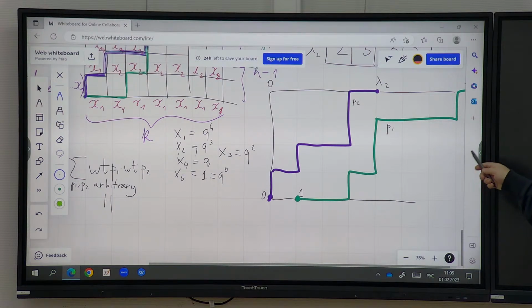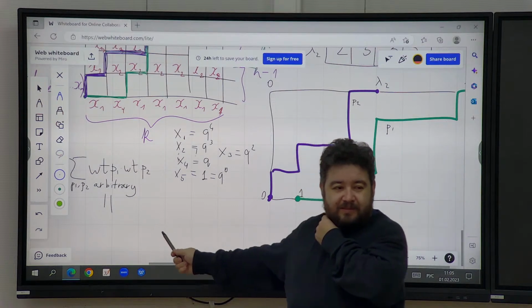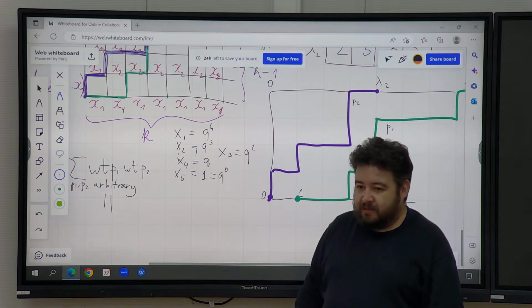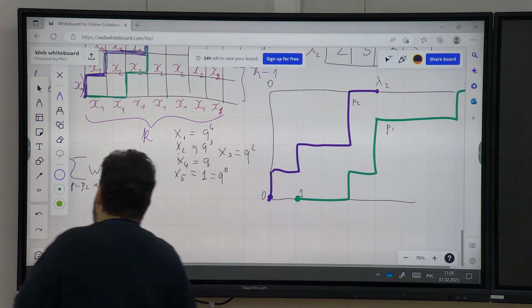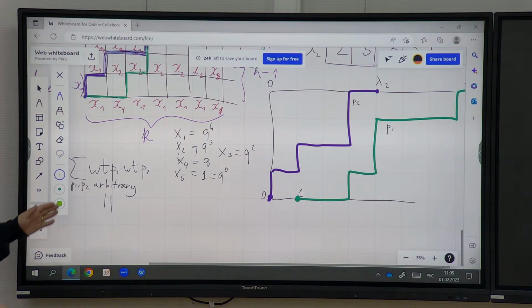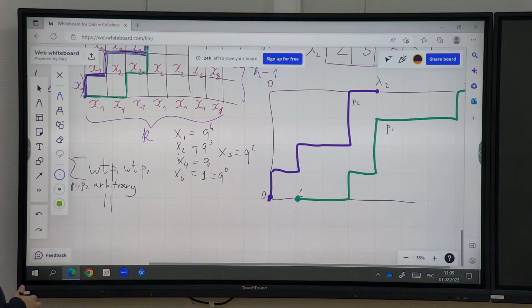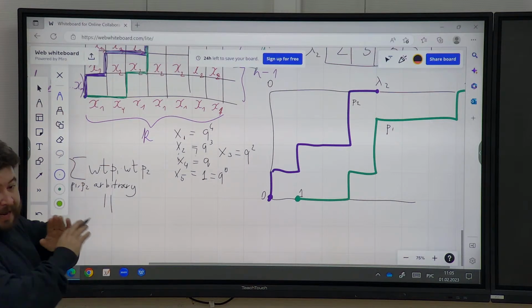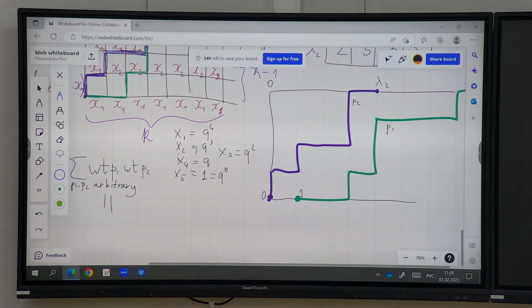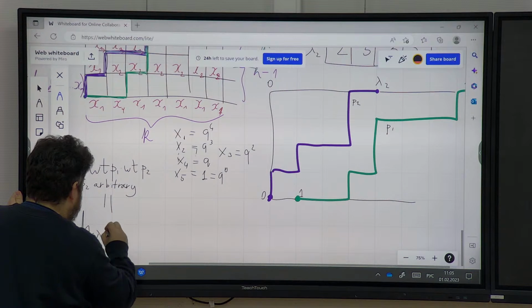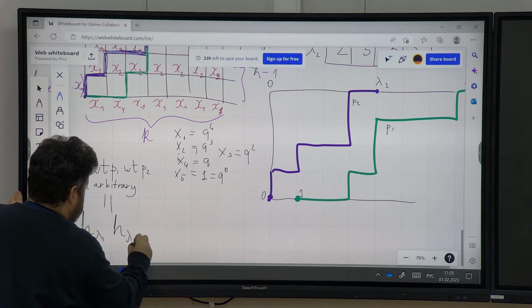In the previous case, I had h lambda 1, right? What about this one? Произведение, да, конечно. So the product of weight of P1 times weight of P2 summed up over all pairs without any restrictions is just h lambda 1 times h lambda 2.